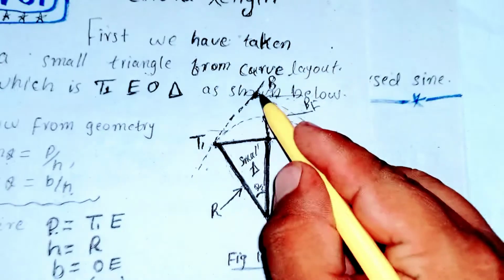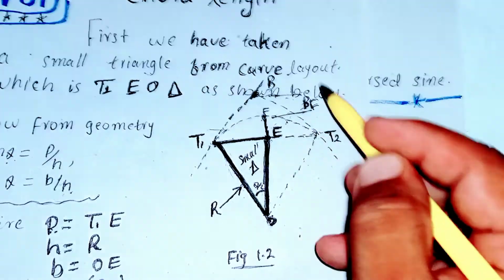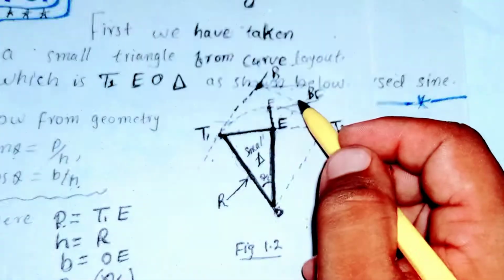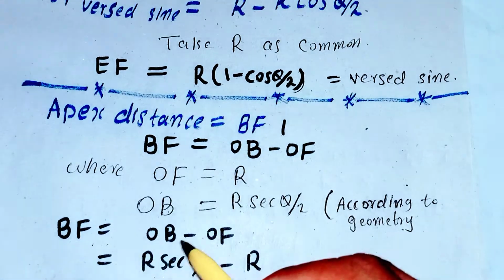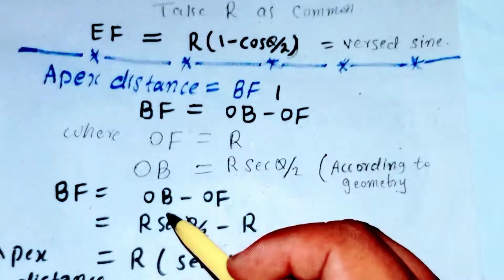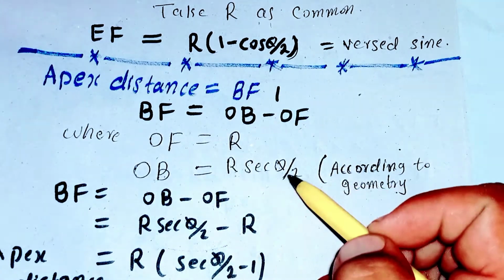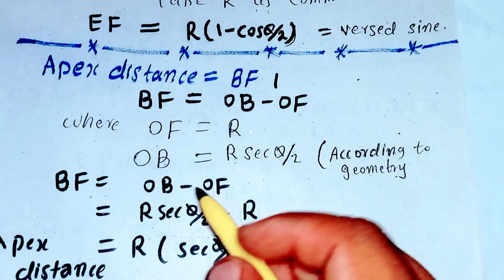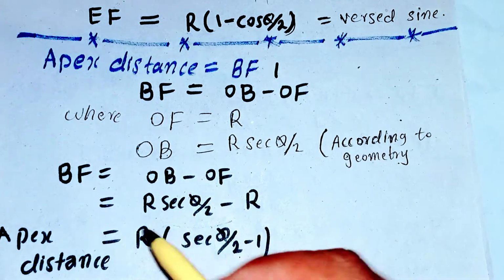Then we get this distance, as we have shown here, BF, and this distance is equal to the apex distance. So we can say that BF is equal to OB minus OF. Here we have said that OB is equal to r secant theta divided by 2, and OF is equal to r. Putting these values in this equation, r secant theta divided by 2 minus r.